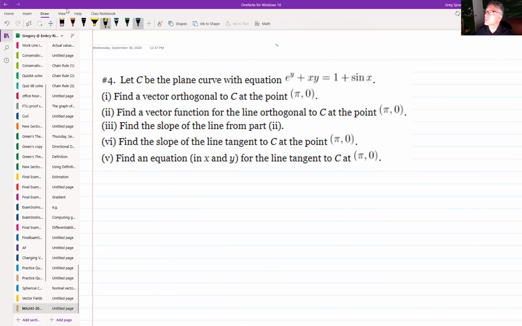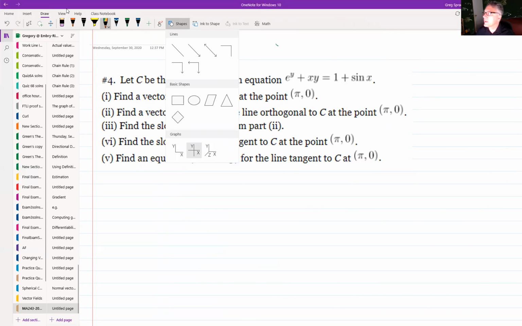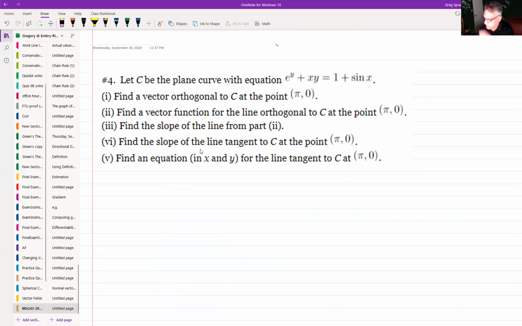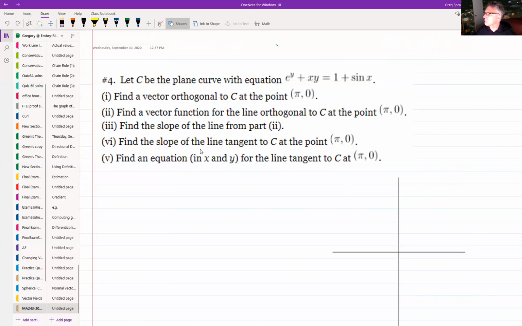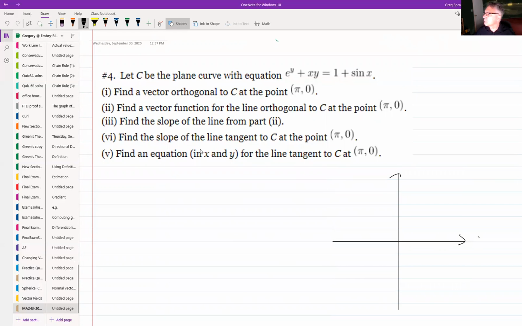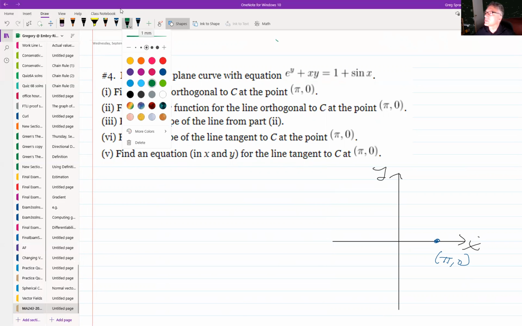I have no idea what this curve looks like, but I'm going to pretend I do, and it might help me solve the problem. Okay, so we're looking at the point pi, 0. And that curve goes through it. I'll just draw a curve that goes through it. I'll guess what it looks like.